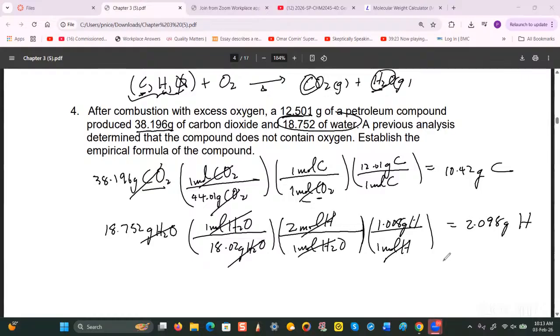So now that we have the masses of carbon and hydrogen, all we have to do is do like we did before in the previous example. I need you guys to remember these numbers when I erase it, because I'm going to use it in the next table. I need to clear this to make some space.